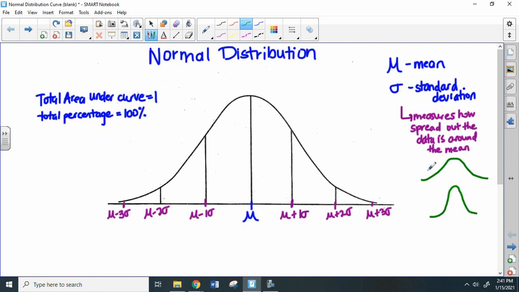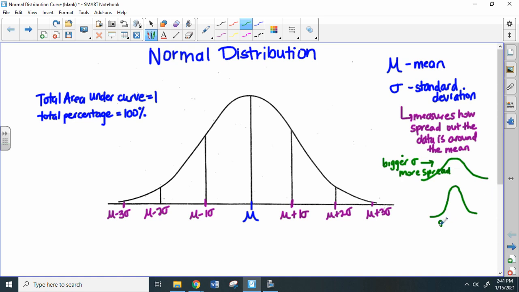To be more spread out, you're going to have a bigger standard deviation, which gives you more spread. It's going to look low and a little flatter, and more spread out.